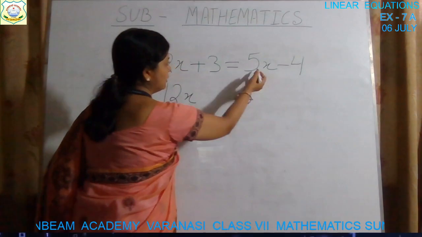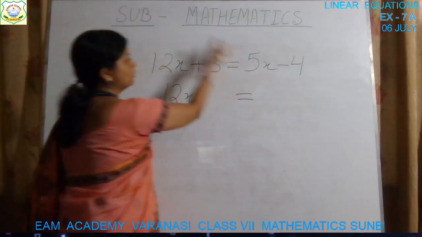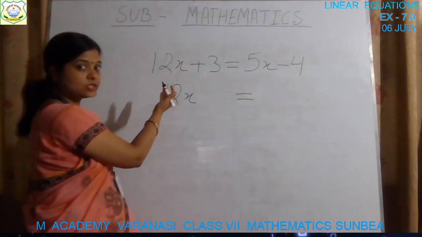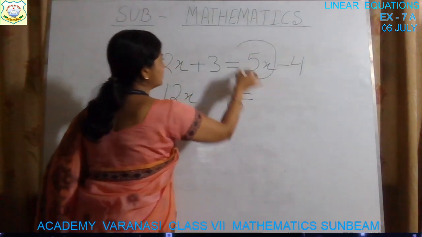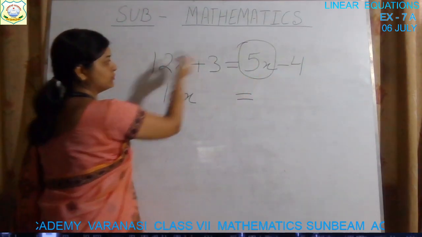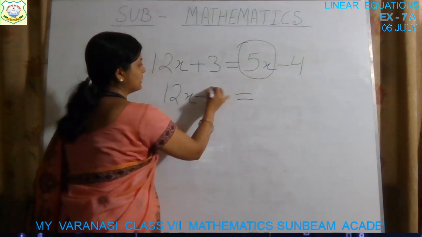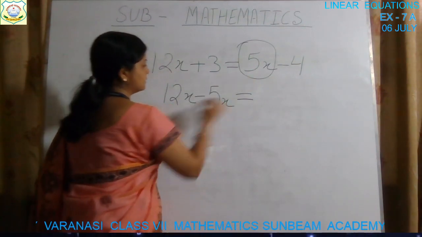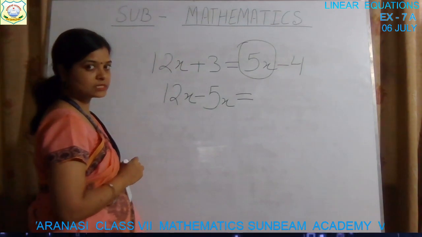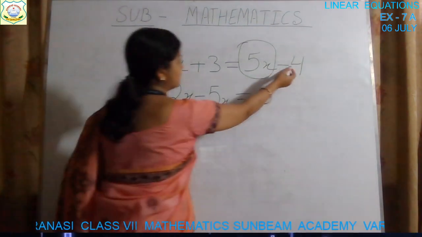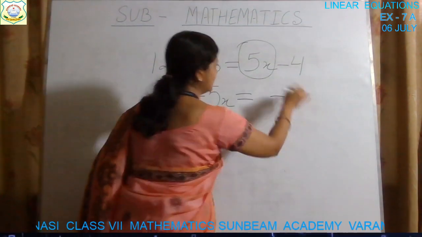If you shift 5x to the LHS, its sign will change. The whole term you are shifting, 5x, you have to shift to this side. So it is positive 5x, it will become negative 5x. 12x minus 5x.